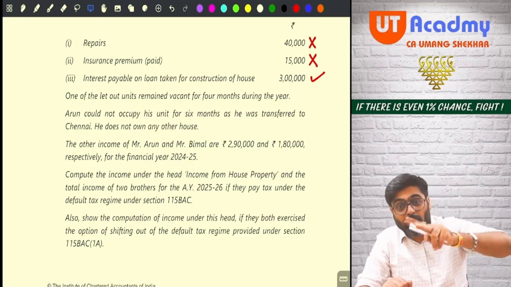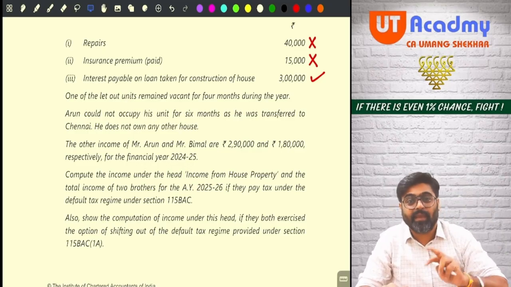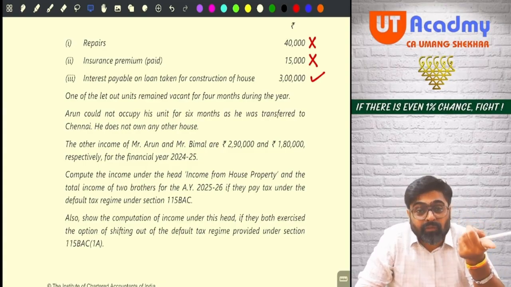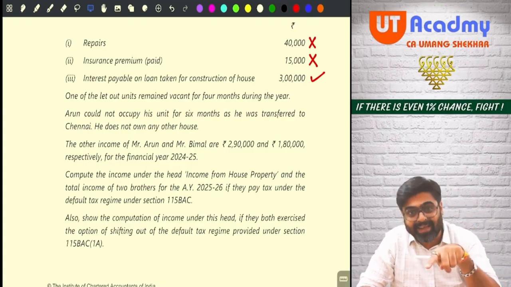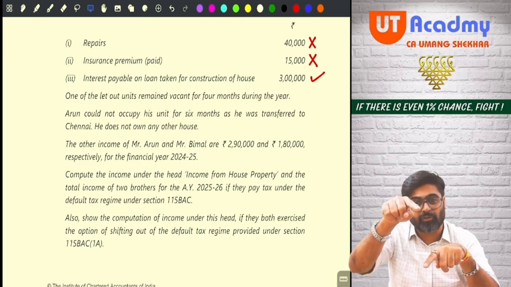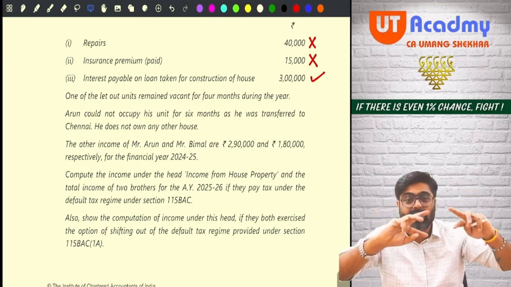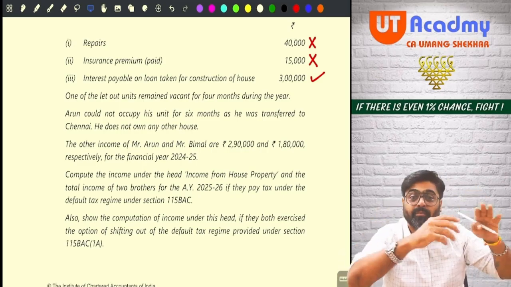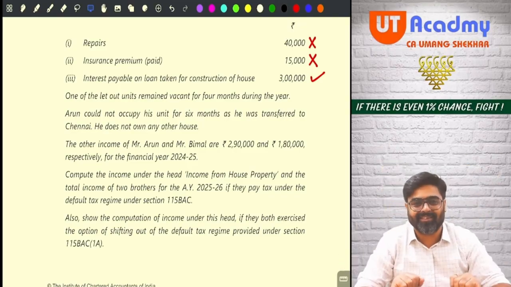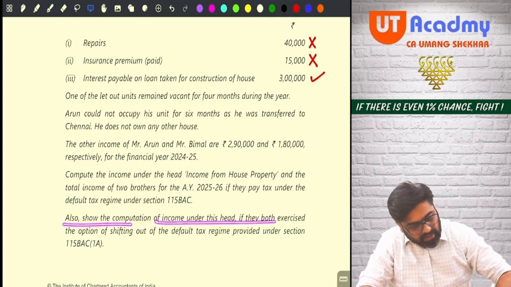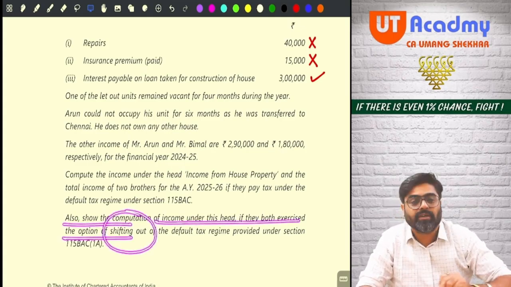Now they are saying, will your answer change if they shift out of 115BAC? In that case, whatever interest for A's SOP was there, B's SOP was there, that interest they can claim subject to their respective limits because they are shifting out of 115BAC. This is the second part. If both exercise option of shifting out.